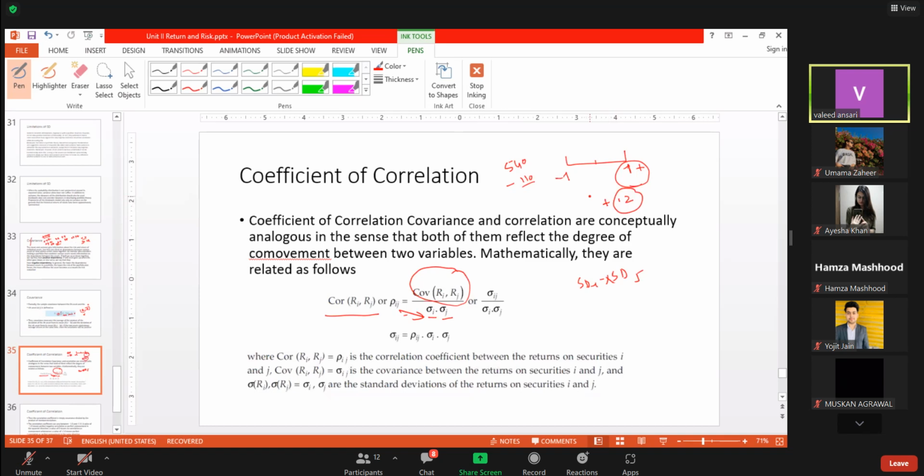If I tell you that it is 0.8, it means they are very highly correlated, 80%. The more you move to 0.9 or something like that, they are moving in perfect tandem and lockstep. So the lower the correlation, the greater the chance of risk reduction.